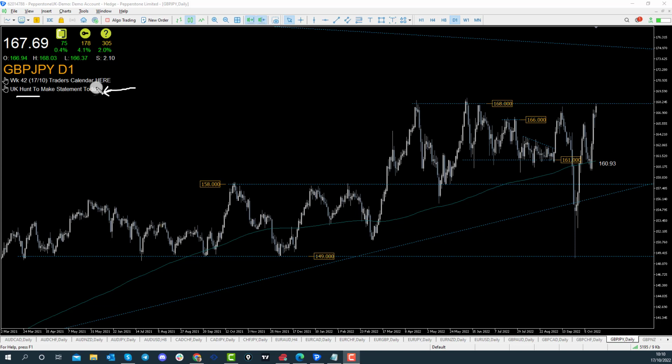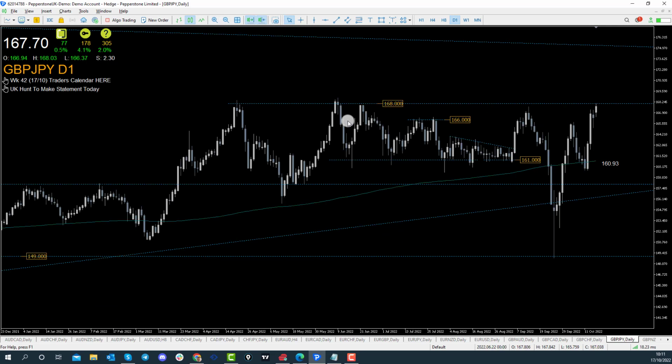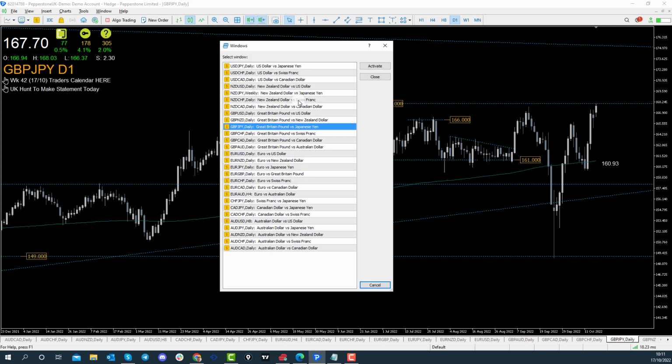So there is significant headline pressure on the pound at the moment, which could also affect the pound yen. So a very volatile pair to trade at the moment. So if we were to trade above the 168 handle, we could see some significant moves here, but just be a little bit careful when it comes to risk on pound yen.